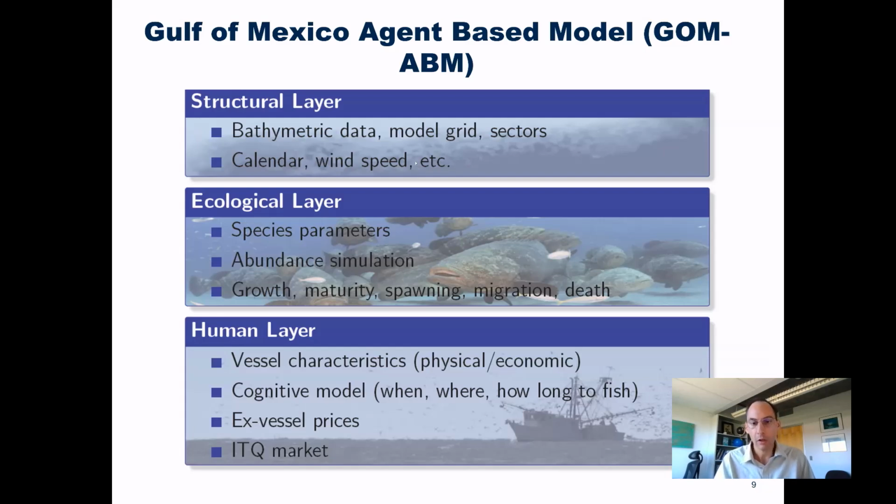There's a cognitive model which helps vessels decide when they're going to go fishing, where to fish, and how long to stay out fishing. The second version of the model explicitly represents the individual transferable quota system, and has ex-vessel prices and the ITQ market working in it as well.